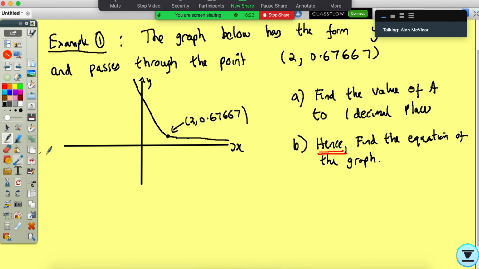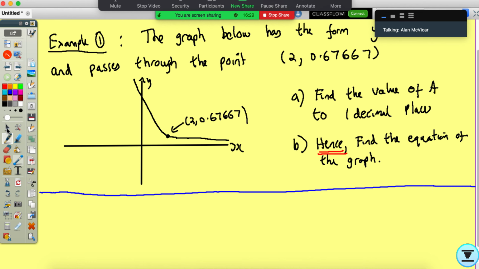Now, you would do the same in any graphs question at all, right? You've got the basic form, so you always write that down, right? Now, what else do you know from the question, right?